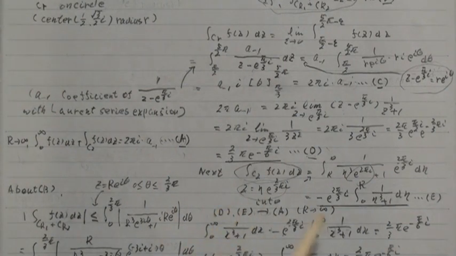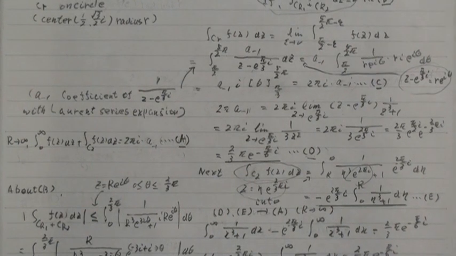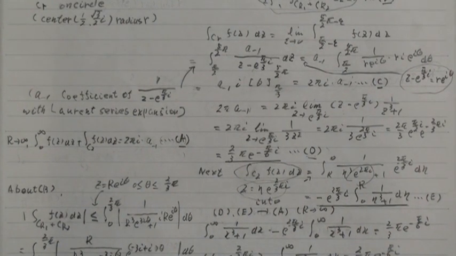And this calculation: e to the 2 over 3 pi i, e to the minus pi over 6 i, this value equals large A.